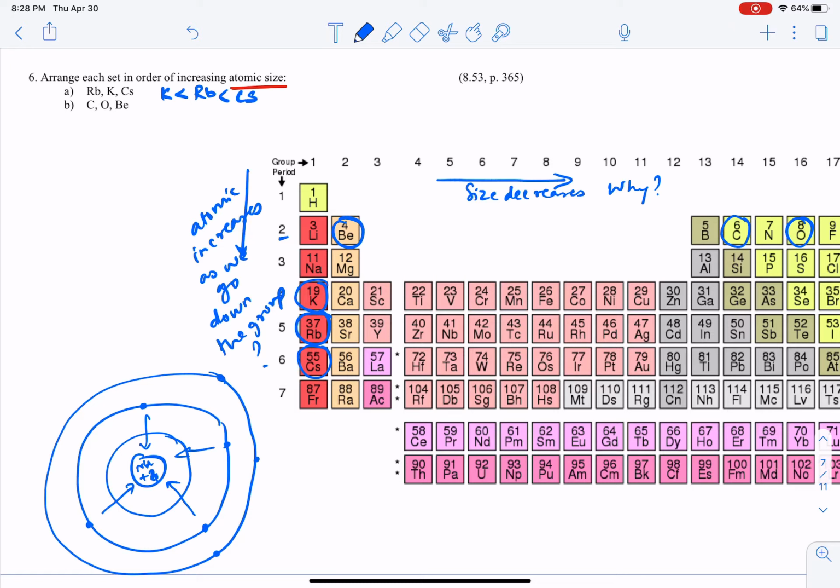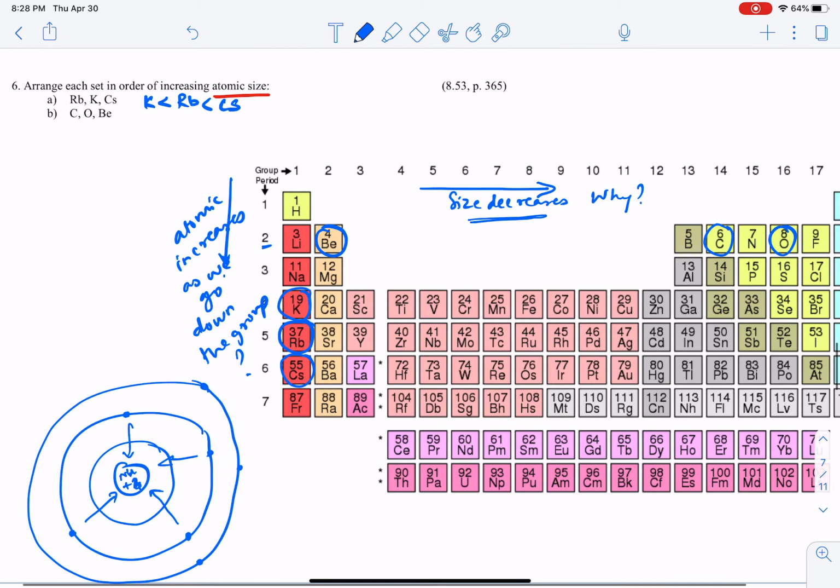That's why if you go down the group, the atomic size increases, but if you add the electrons in the same orbit, the size decreases. So what we will have is Be is smaller than carbon is smaller than, sorry, I did it opposite. It's oxygen that is smaller than carbon, smaller than Be.